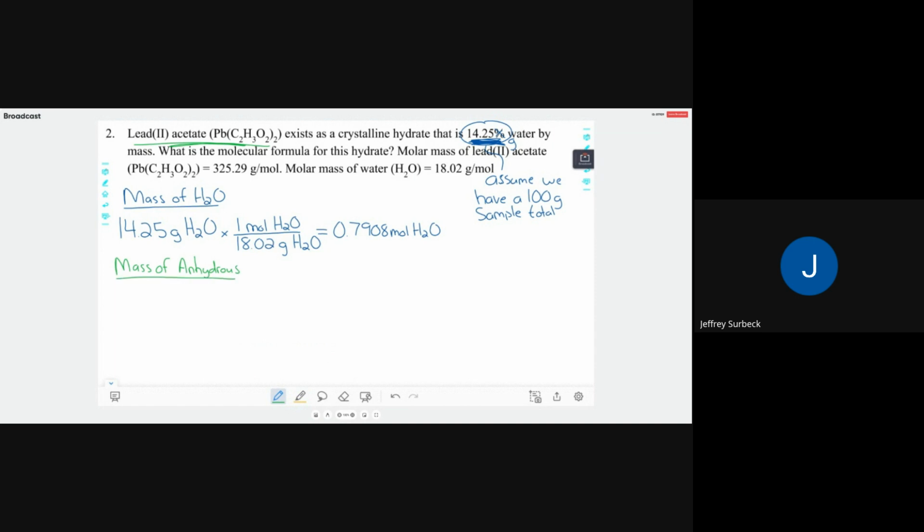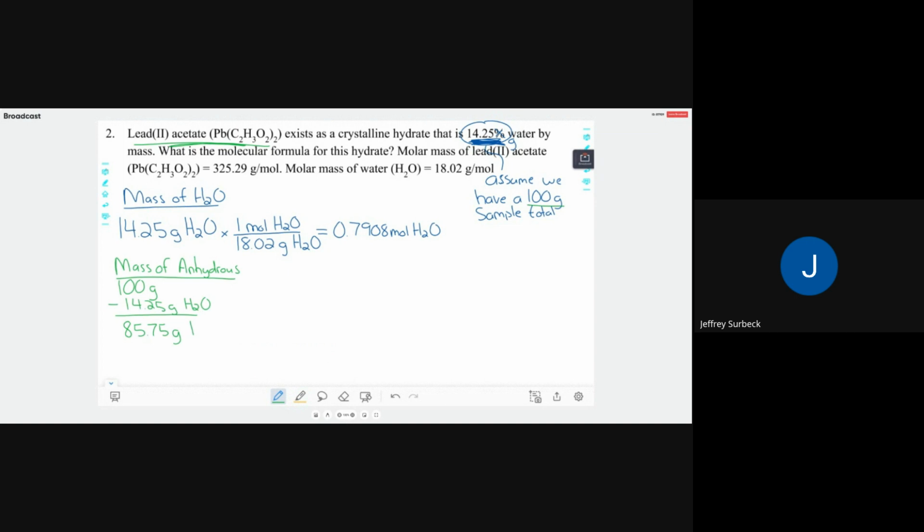We already know that we have 14.25 grams of water, and we assume that we have 100 grams of our sample. So we take 100 grams total minus the 14.25 grams of our H2O, and if we take 100 minus 14.25, we get 85.75 grams of our lead 2 acetate.